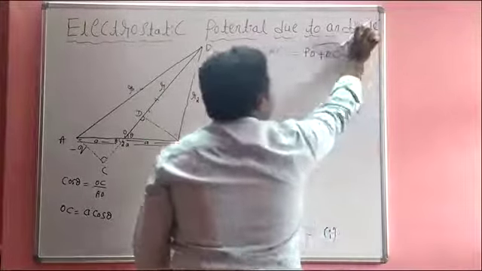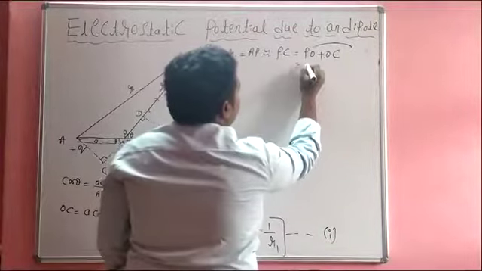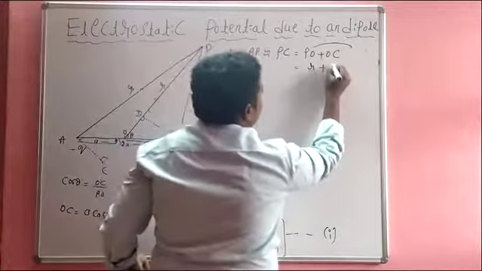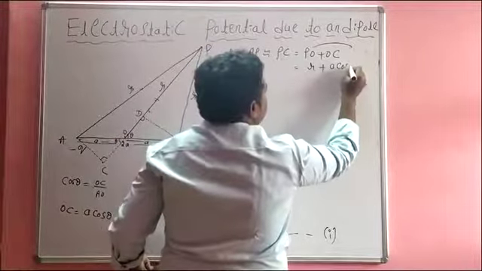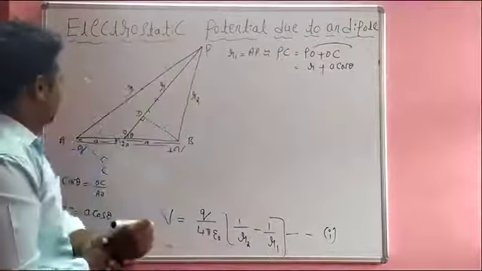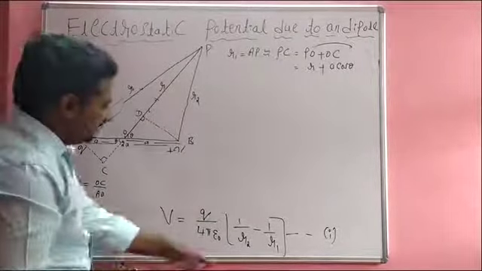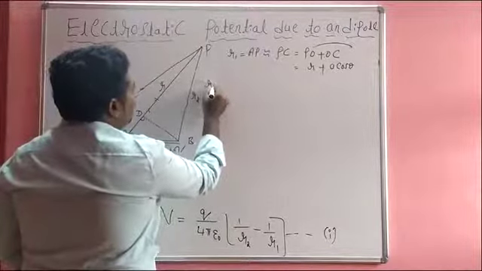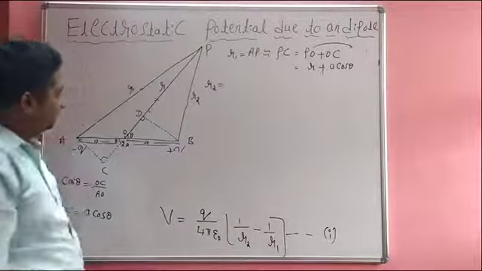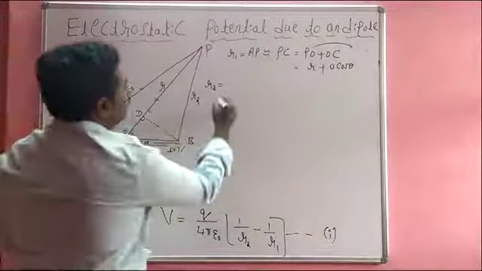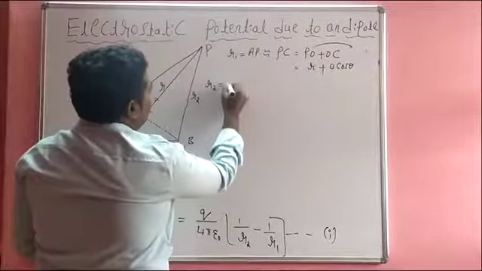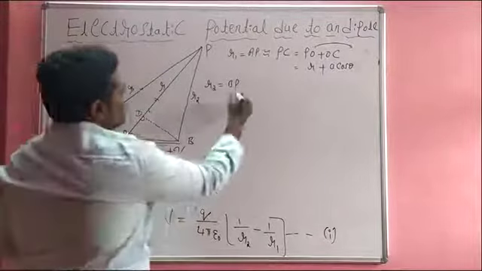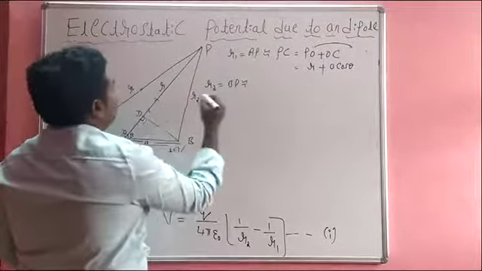Okay, so I write the PO value is R plus the OC value, A cos theta. Similarly R2 is BP, and BP is approximately equal to PD.